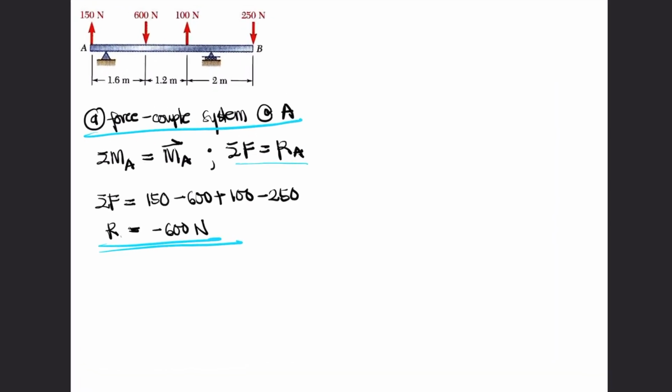Next, summation of moment at point A. So, we take moment at this point. For the forces, if we take moment here, this one is eliminated, since it has no perpendicular distance to the point.